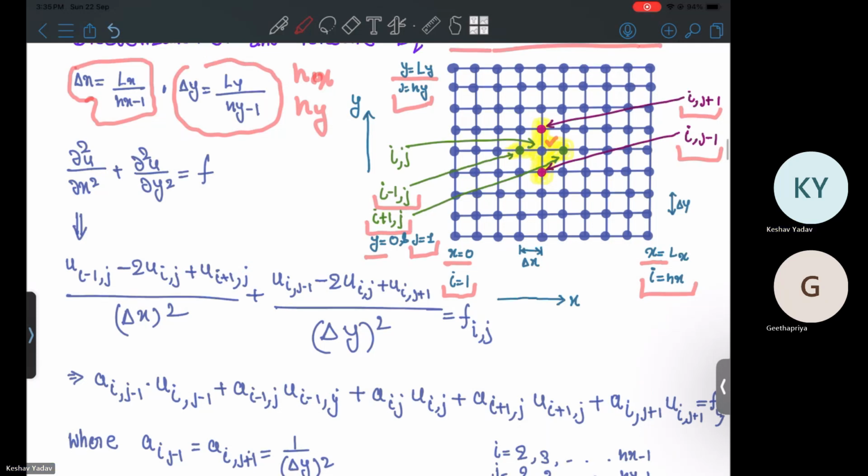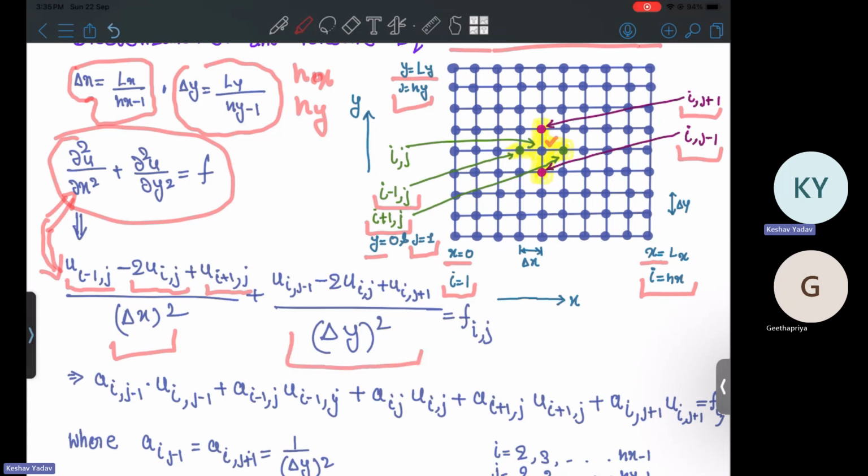So this is our governing equation. Let us discretize this governing equation. The second order derivative we can write like this using the central difference method. Del 2u upon del x square will be equal to u i minus 1, j minus 2 u i j plus u i plus 1, j divided by delta x square.